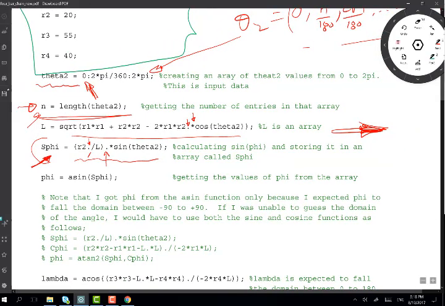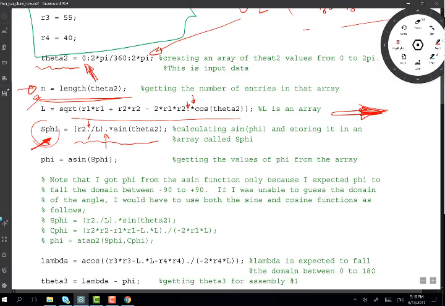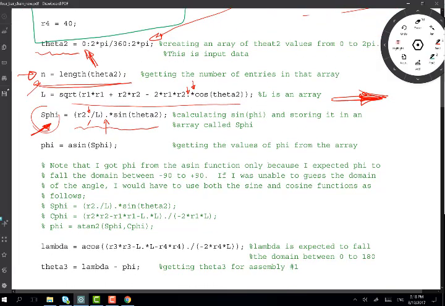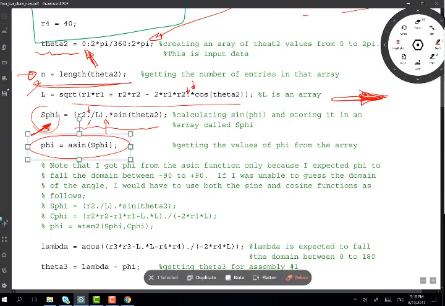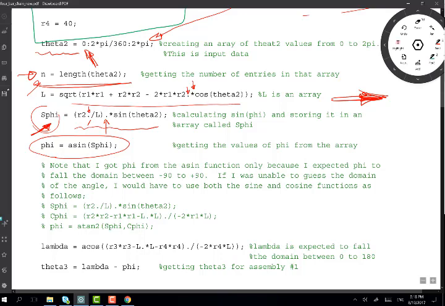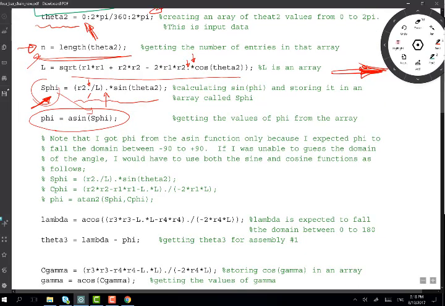What happens is this function will grab from the array theta 2 and the array L the corresponding matching entries, and give me an array called s phi, with lots of different values for sine phi. Then I get phi from sine phi. This phi will be an array as well, because it will take every entry from sine phi and give me a corresponding value of phi.